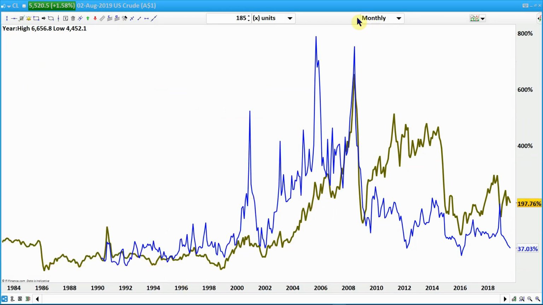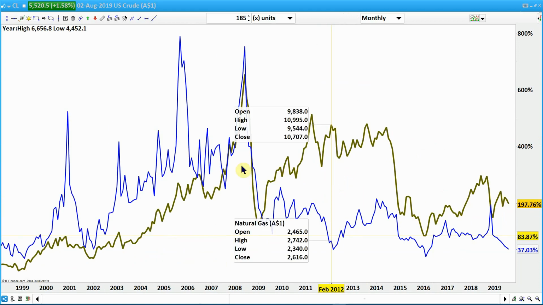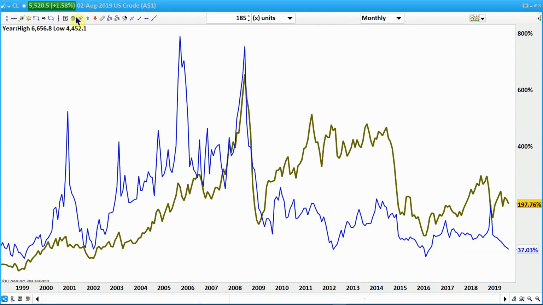All right. Okay, you can see in front of you, they are quite highly correlated, and the degree of correlation can be a little bit here and there. But crude oil is the raw product, and we have natural gas as the byproduct.